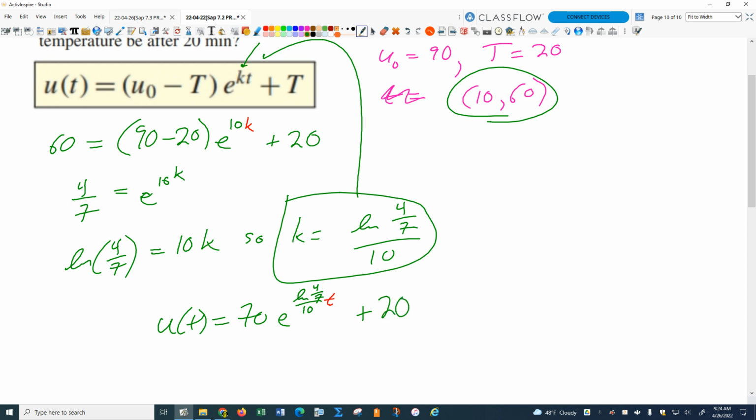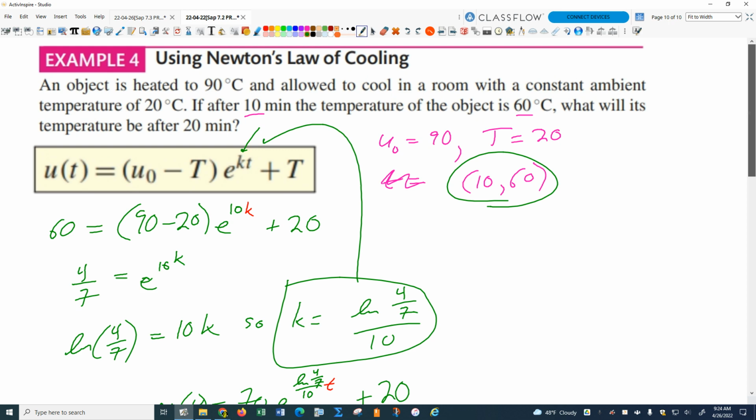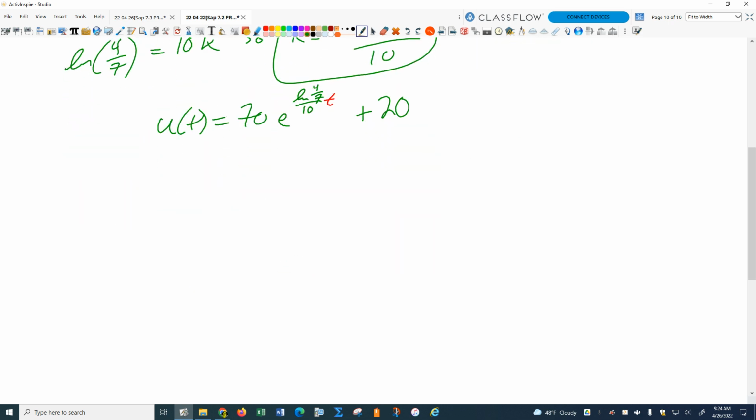If we want, they want us to figure out what the temperature is going to be after 20 minutes. So all we have to do is plug 20 in. u of 20 equals 70 e to the 20 over 10, which is 2. So e to the 2 log 4/7 plus 20. Throw it in a calculator and we got it, right?